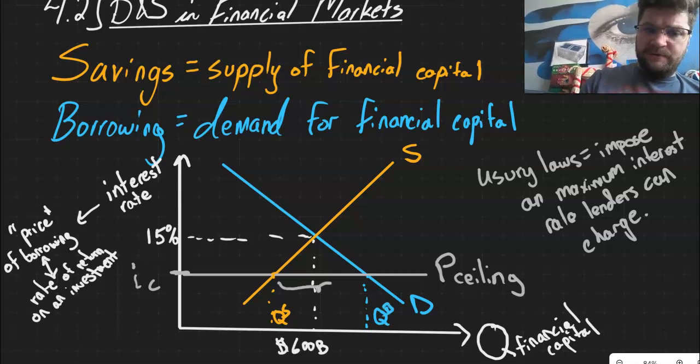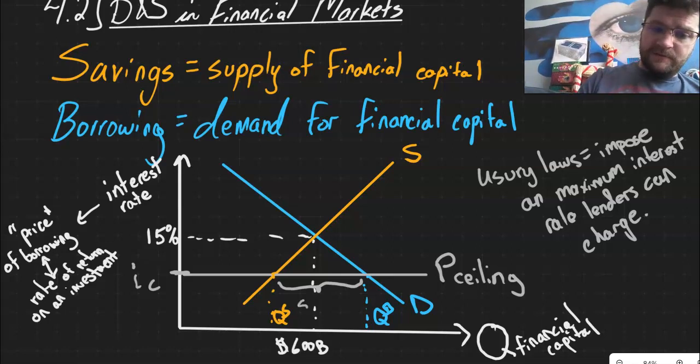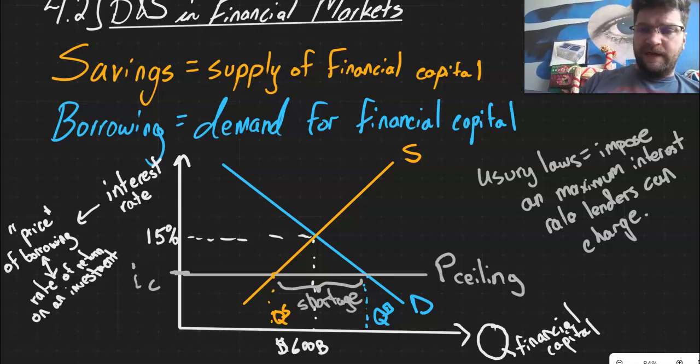And so by imposing a price ceiling, by imposing usury laws, the government is creating a shortage of financial capital in the market, in all the markets for households, the markets for firms, and so forth.